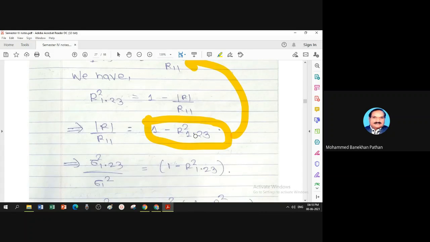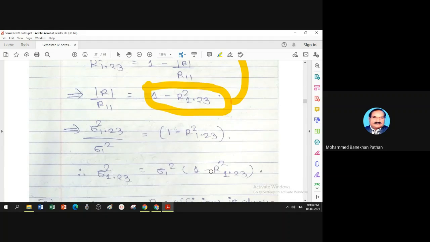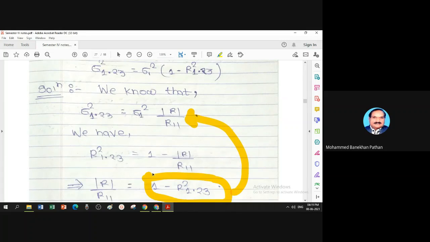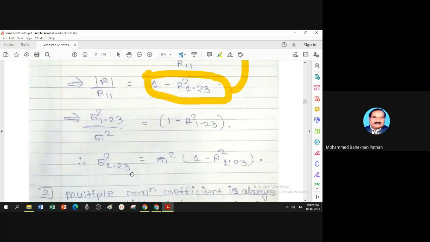Therefore sigma square 1.23 upon sigma square 1 is 1 minus R square 1.23. Sigma square 1.23 equals sigma square 1 times 1 minus R square 1.23, that you have to prove. Very easy, but you have to remember all these formulas and practice a little, then you are able to prove such types of statements.